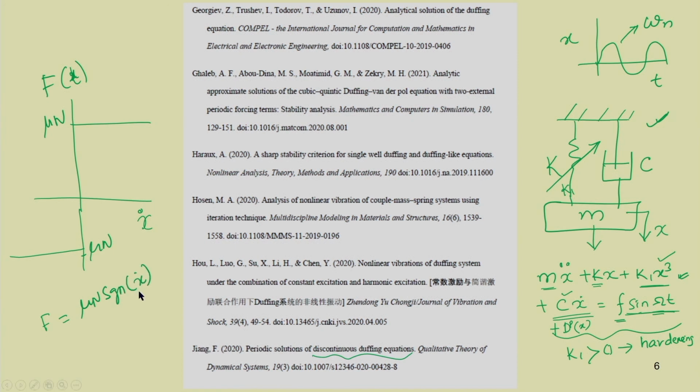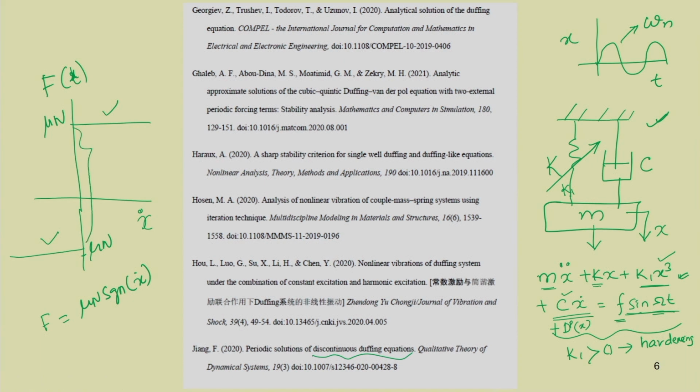When x dot is greater than 0, it takes a value of mu n. If x dot is less than 0, it takes a value of minus mu n. When x dot equals 0, it jumps from minus mu n to plus mu n. So, the system is not linear in this case.